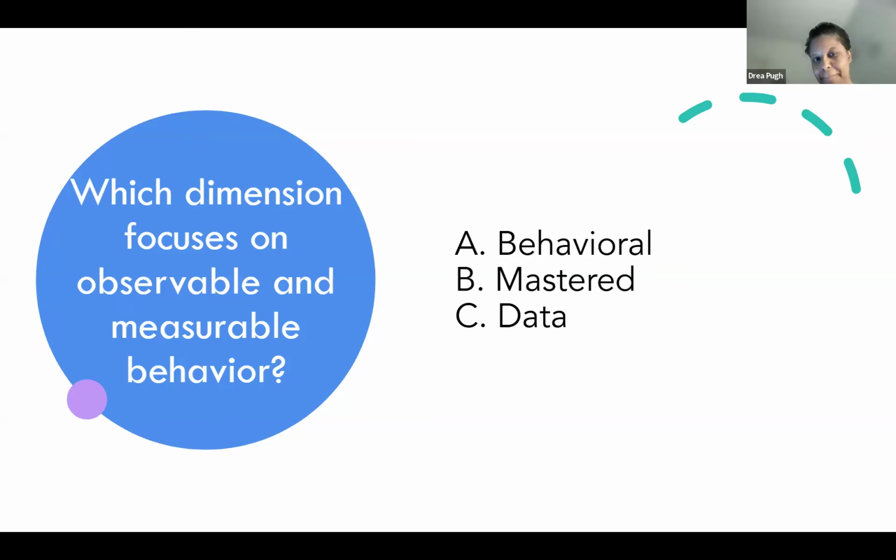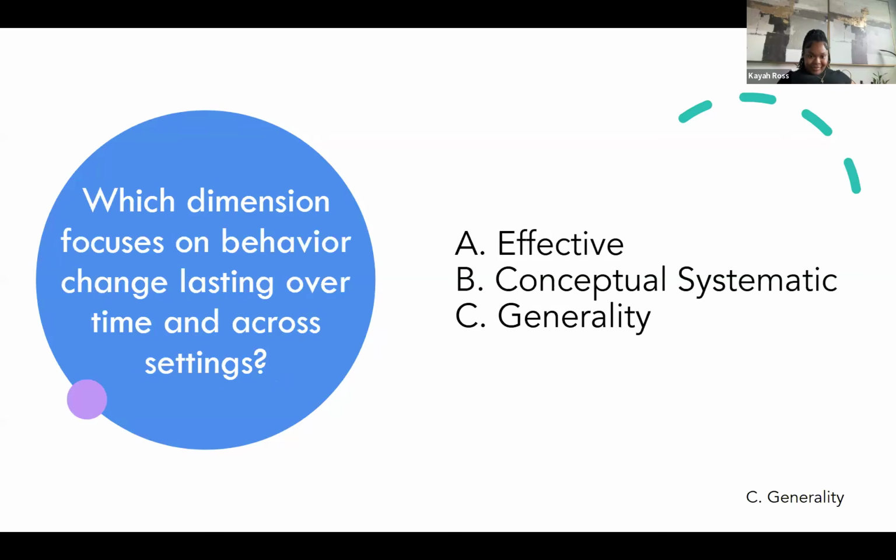I'm going to go with A. Yes, A, because remember we said behavioral had to be observable and measurable. I could see how data would throw you off, because you're thinking you saw it and you measured it. But we're talking about before we do that part, just observing the behavior. That one can be a little tricky.